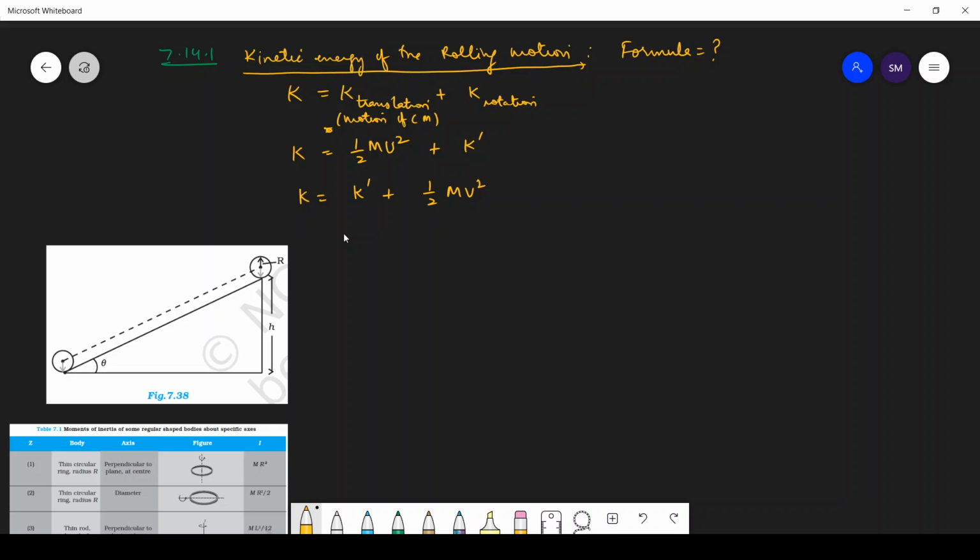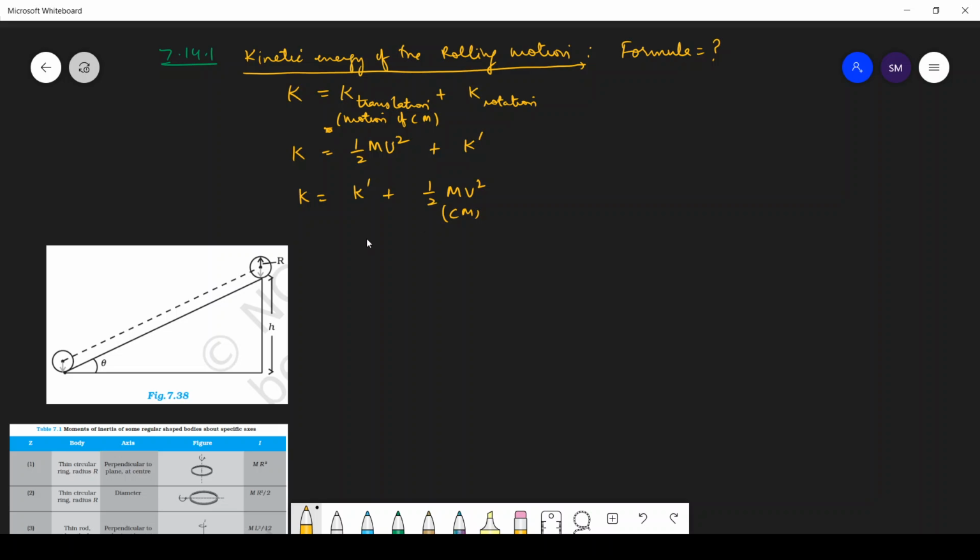So this is the kinetic energy of the center of mass. This capital V is telling you that this is the center of mass kinetic energy, that is, the kinetic energy of translation of the rolling body.